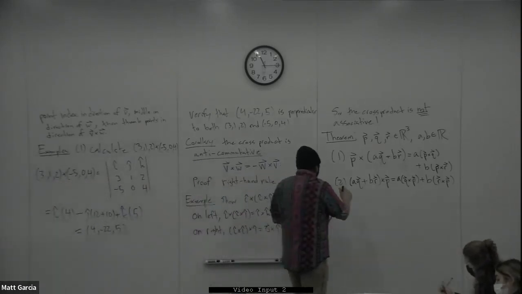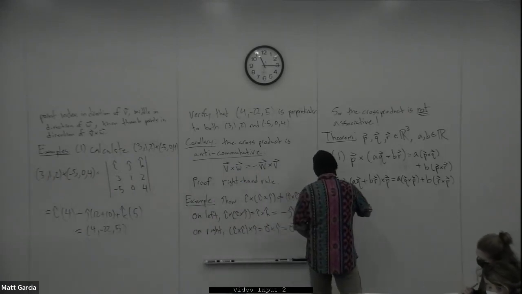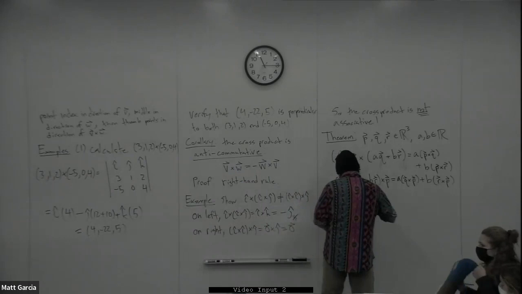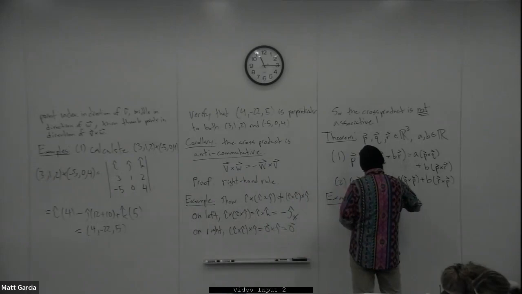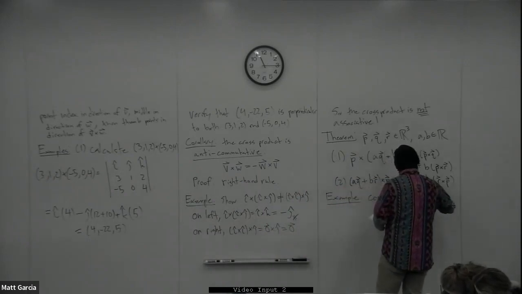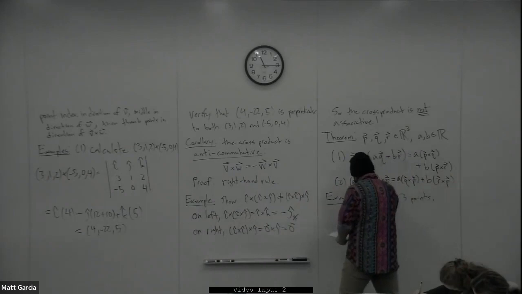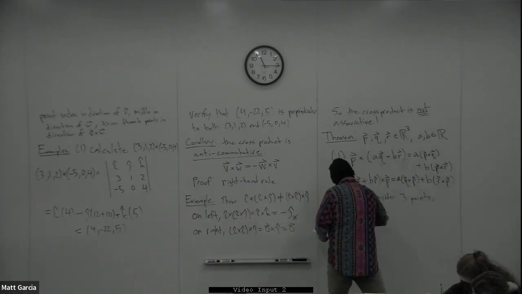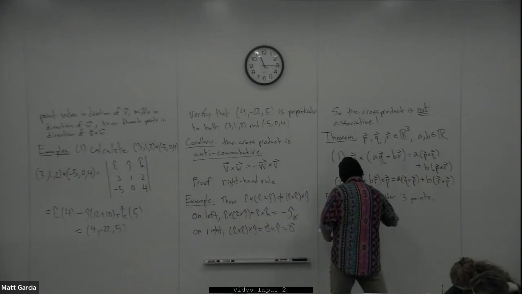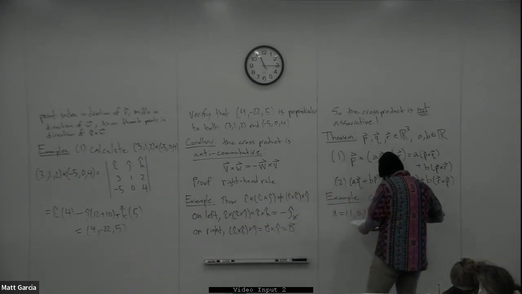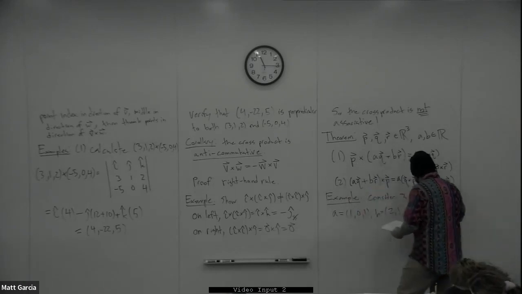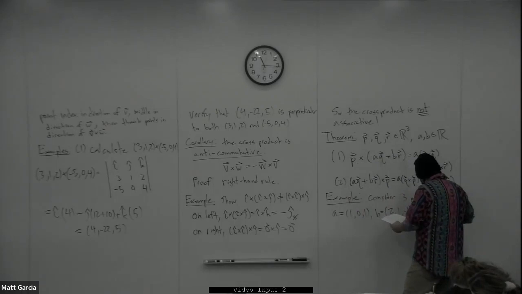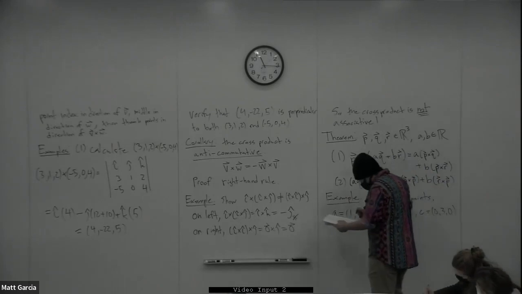Okay, so let's do a couple more examples. I want you to consider 3 points. A, the point 1, 0, 1. B, the point 2, 1, negative 1. And C, the point 0, 3, 0.